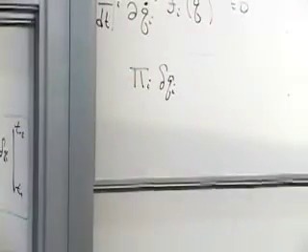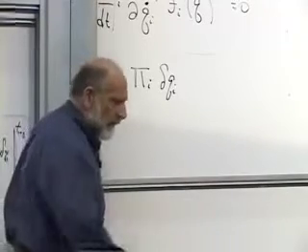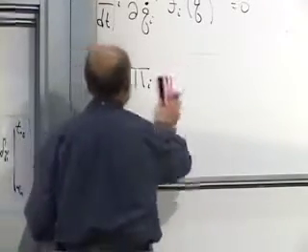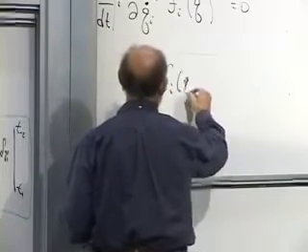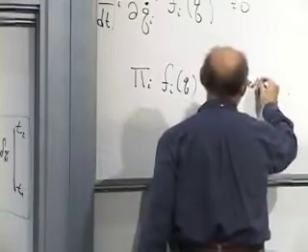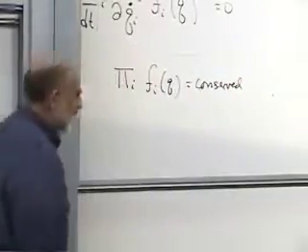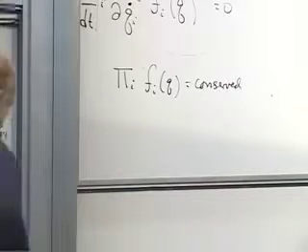It's still conserved. So pi sub I times f sub I of q is conserved. In fact, it has a name. Pi sub I times f sub I is called the Noether charge.